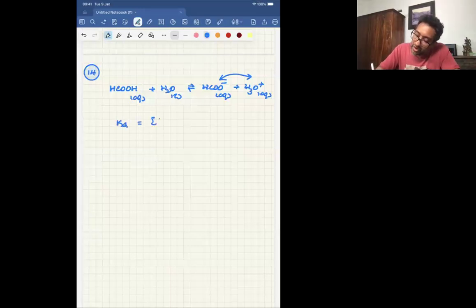K is equal to hydronium ion concentration squared divided by HCOOH. Ka is 1.8 × 10^-5.